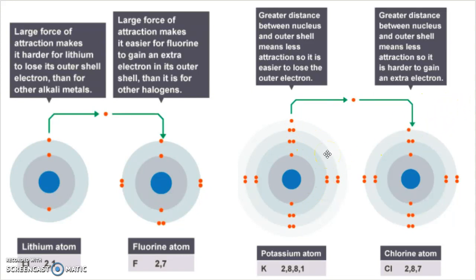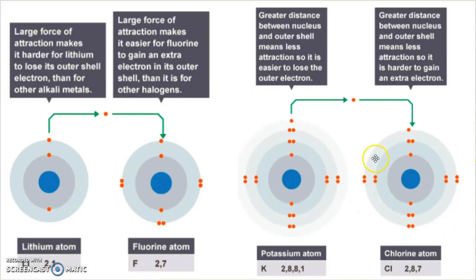These are a little bit further out from the nucleus, so the attraction from that nucleus is not as strong. It's a little bit easier for the potassium to get rid of an electron because its nucleus isn't holding onto it so tight. And it's a little bit less easy for chlorine to gain that electron because its nucleus can't pull as hard on the electron from the other atom.